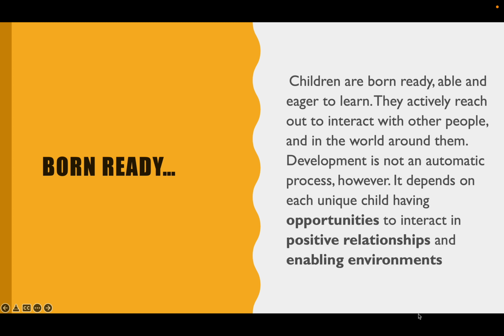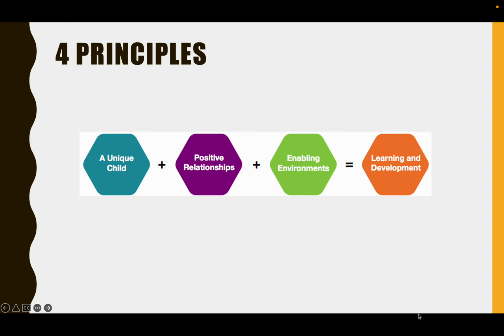It depends on each unique child having the opportunities to interact, and that's our responsibility as part of providing a GAN provision to provide those opportunities for interaction, positive relationships with those that are caring for them, with the early years practitioners in the GAN, and enabling environments. And those environments are about how we plan and organise the play spaces with activities and with the resources that we set out in the classrooms and in the garden.